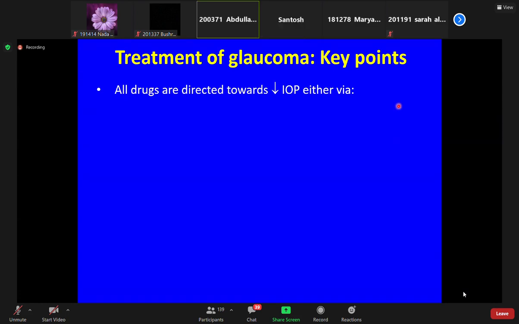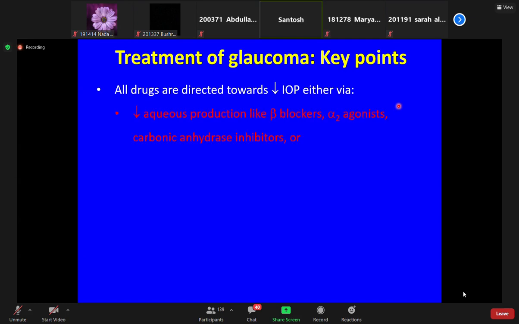So you either increase the drainage or outflow, or decrease the production. So either you decrease the production, how? Like with beta blockers, alpha-2 agonists, or carbonic anhydrase inhibitors. Or you increase the outflow with cholinergic agonists, prostaglandins, Rho kinase inhibitors.